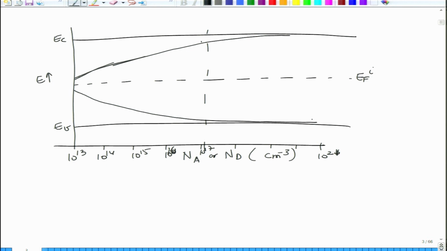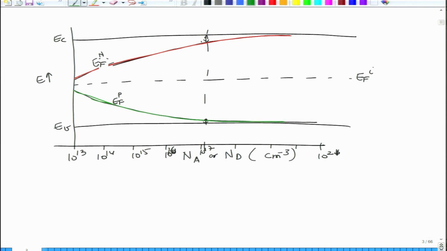So you can see that at very high doping level, this is EFN and this is EFP, let me put it using a different color, for the P type.